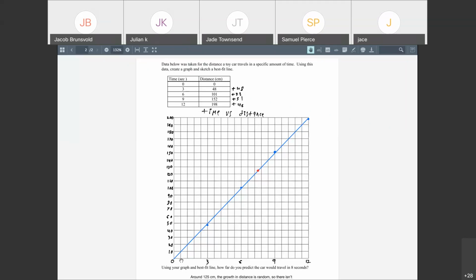But if you look, this 3 is 1, 2, 3, 4, 5 spots over from the 0. The 6 is 1, 2, 3, 4, 5 spots over from the 3. The 9 is 1, 2, 3, 4, 5 spots over from the 6. But the 12 is 1. Wait, how did you get that to work?